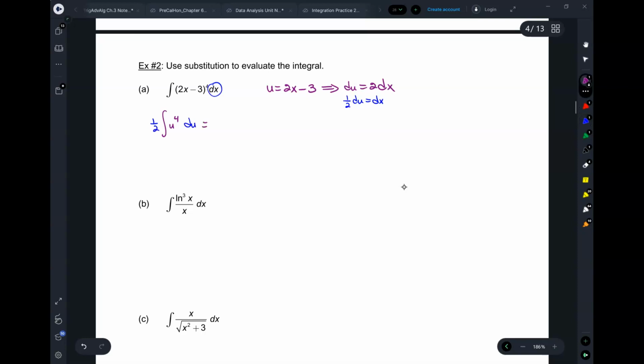And that'll be 1/2 u to the 5 over 5 plus c, u to the 5 over 10 plus c. Now we put it back.